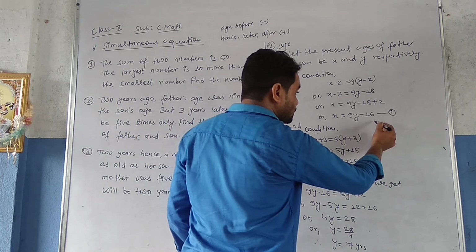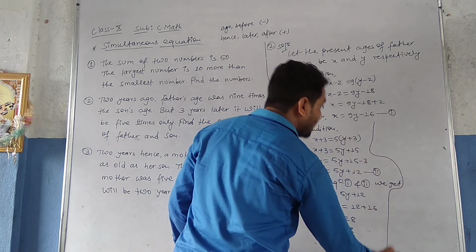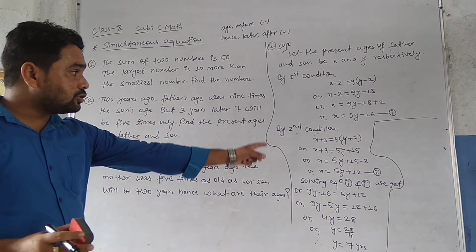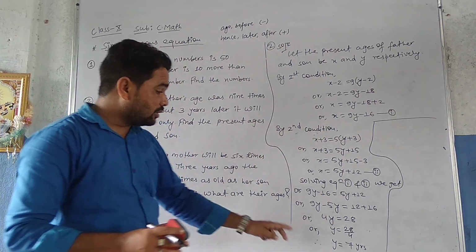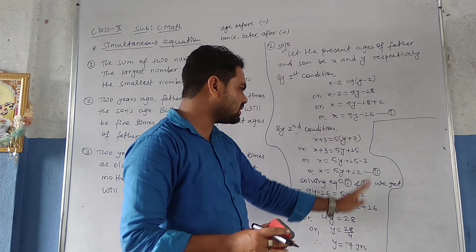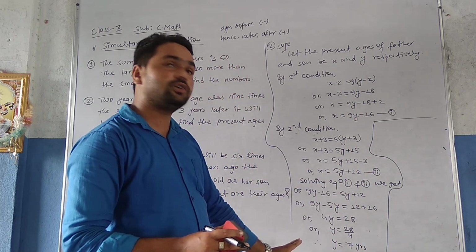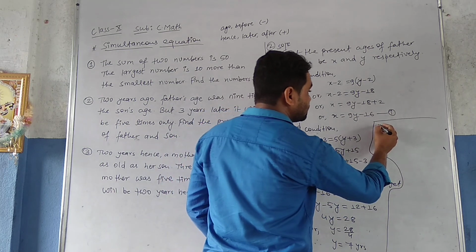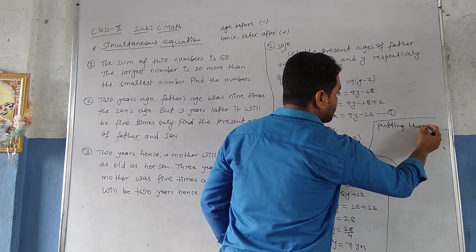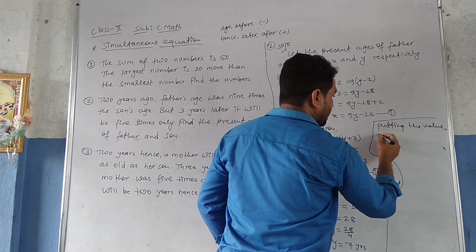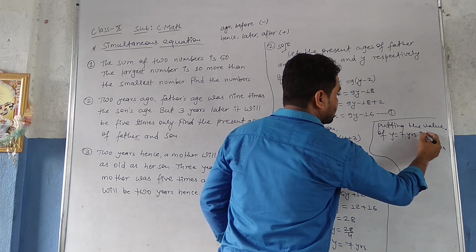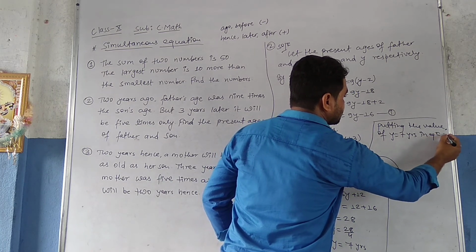Now we are going to find the value of x. Put the value of y equals 7 either in first or in second, wherever we like. So we put the value of y equals 7 here in equation first.